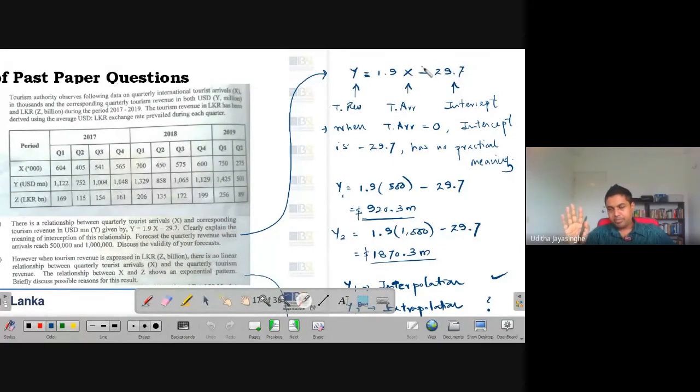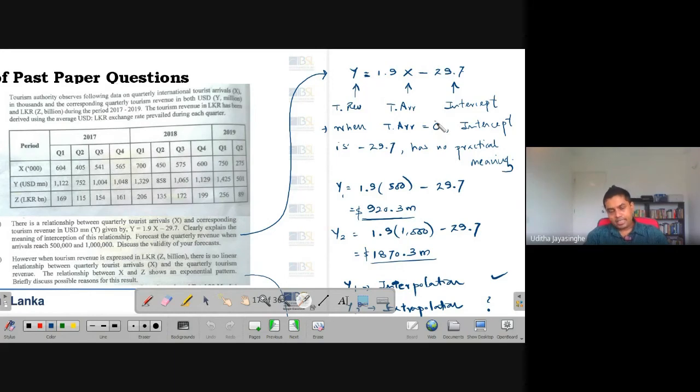If you keep the company closed, with nothing to be paid, no electricity, no staff cost, everything paused for a moment, then technically this is going to be 0. But this particular line, intercept of negative 29.7, we can conclude that this intercept has no practical meaning.